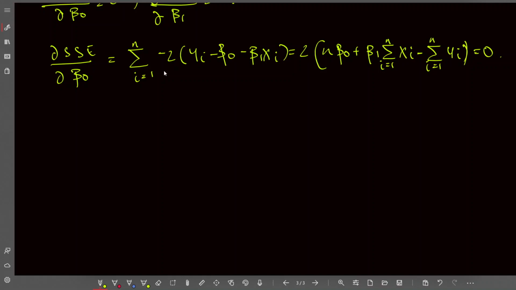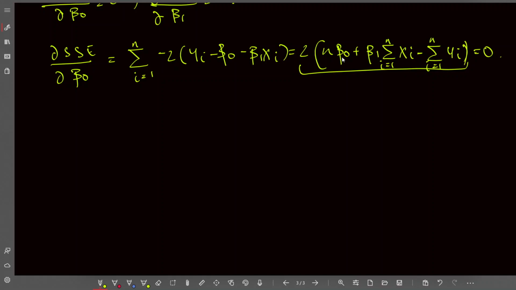I've just taken the summation in and expanded this equation into this. That's all I've done. So now we equate this to 0. When we do that, the 2 goes away.